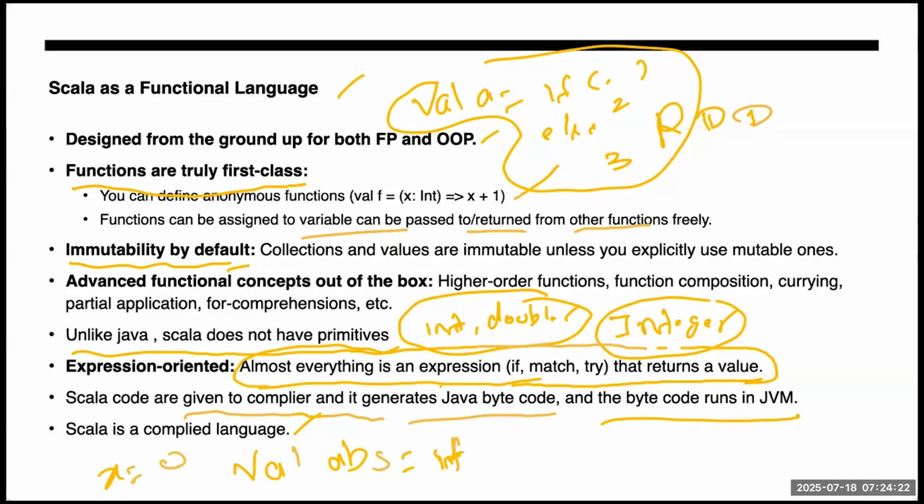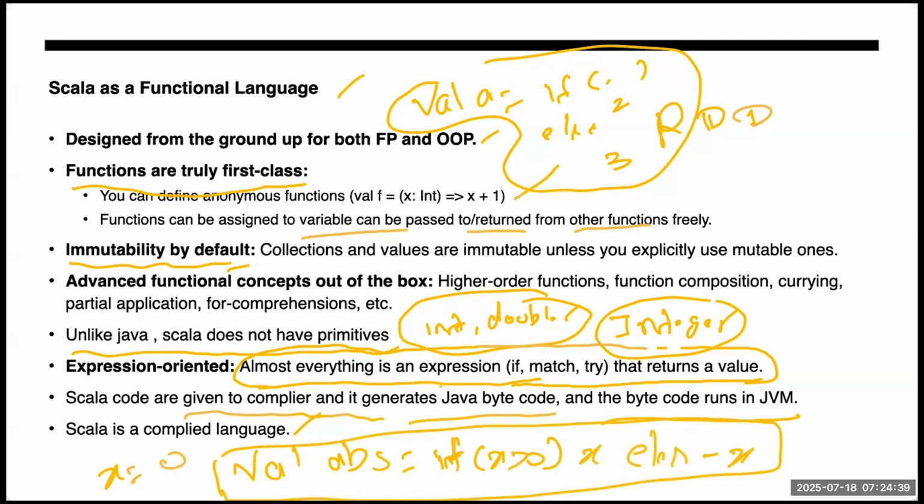You can write if x is greater than 0, then x, else minus x. Now you are returning a value on the basis of x. What will it return for 0? Minus 0, so this example is not a good one.